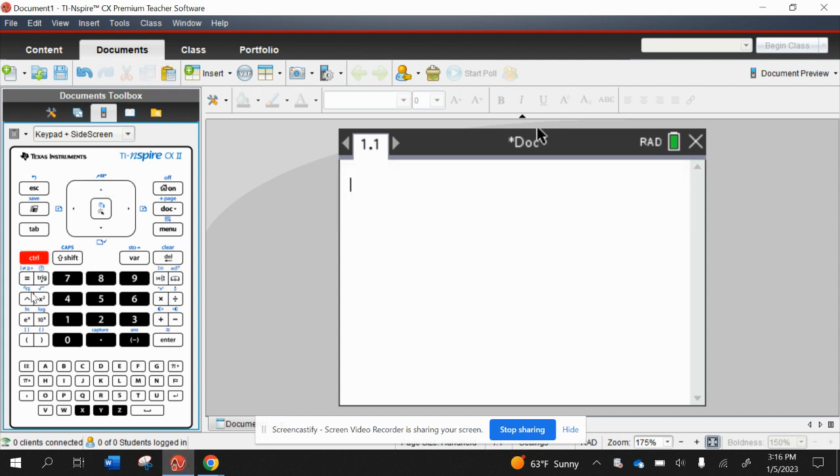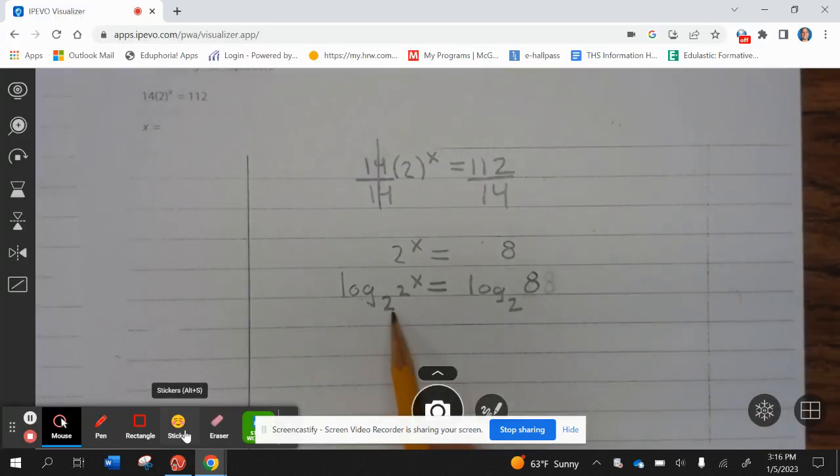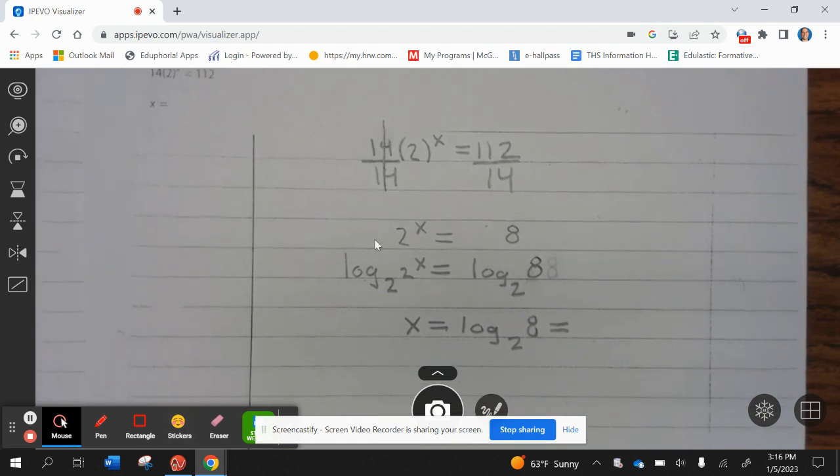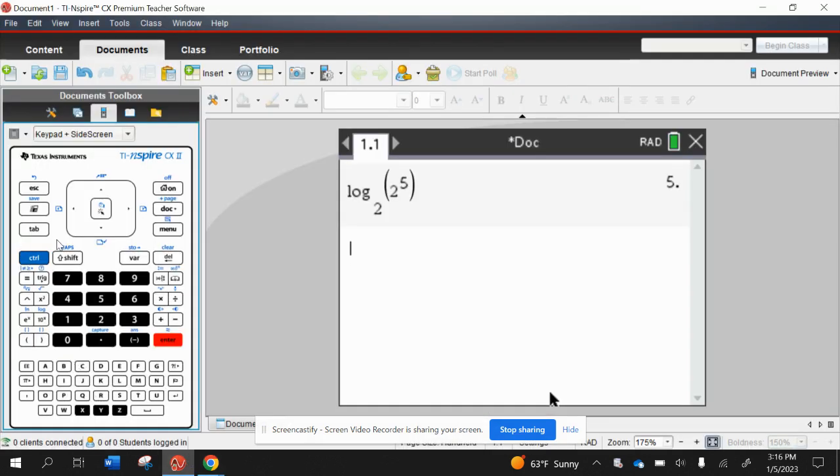If I do log base 2 of 2 to the 5th power, you can see that the log base 2 and the 2 basically cancel each other and you're left with a 5. So applying that here, these cancel, and you're left with x equals log base 2 of 8, which in the calculator is 3.